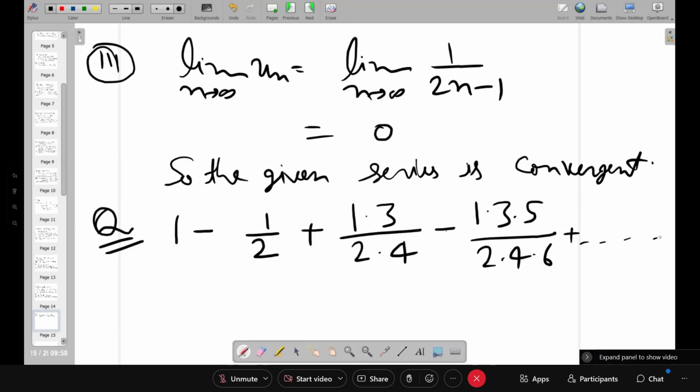Now you check whether this series is convergent or divergent.